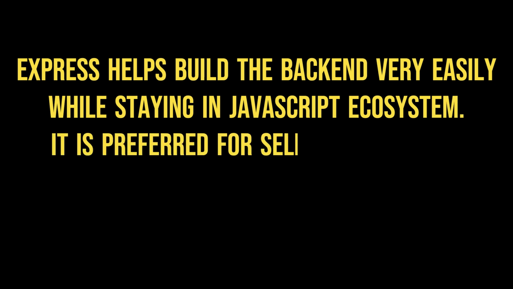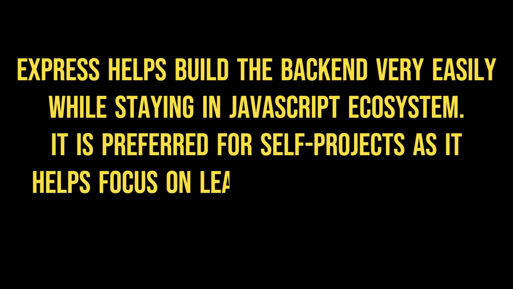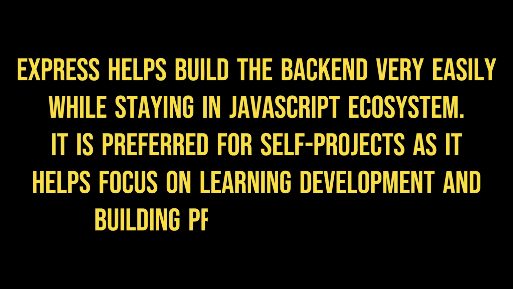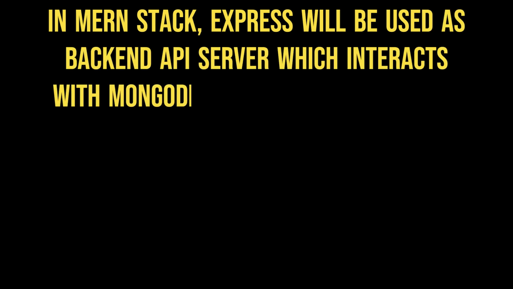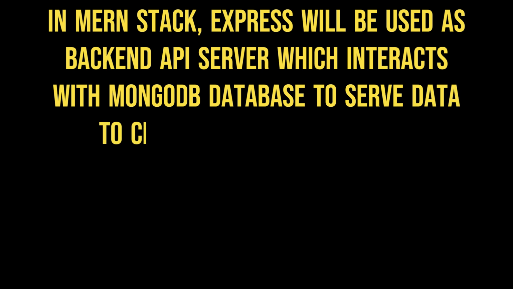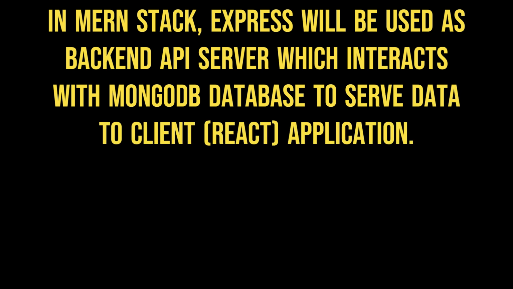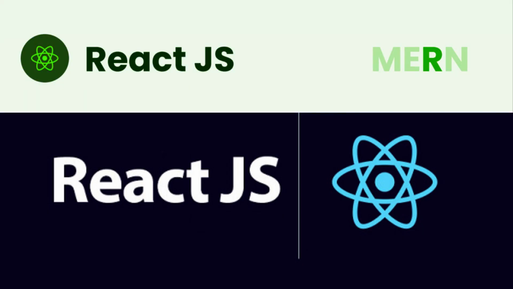It is preferred for self-projects as it helps focus on learning development and building projects pretty fast. In MERN Stack, Express will be used as backend API server which interacts with MongoDB database to serve data to client, React, application.